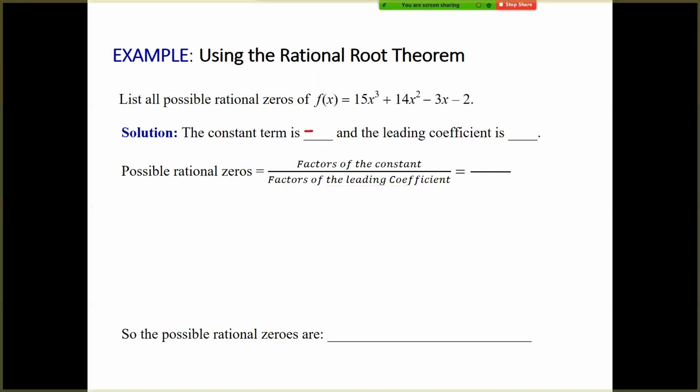So the constant term is -2. The leading coefficient means go to the variable that's got the biggest exponent and tell me the number that's in front of it. 15. So far, so good, right?